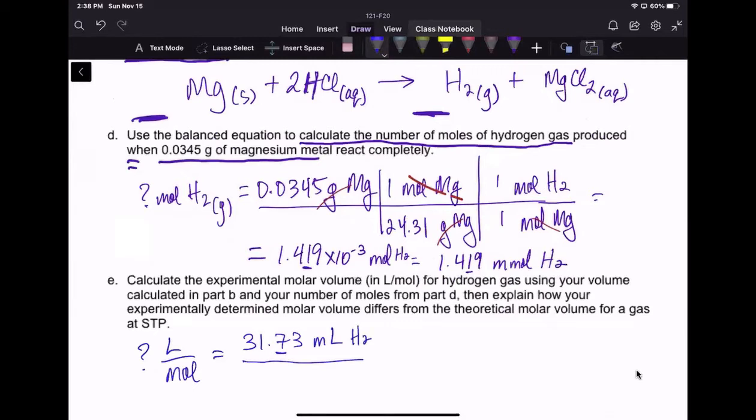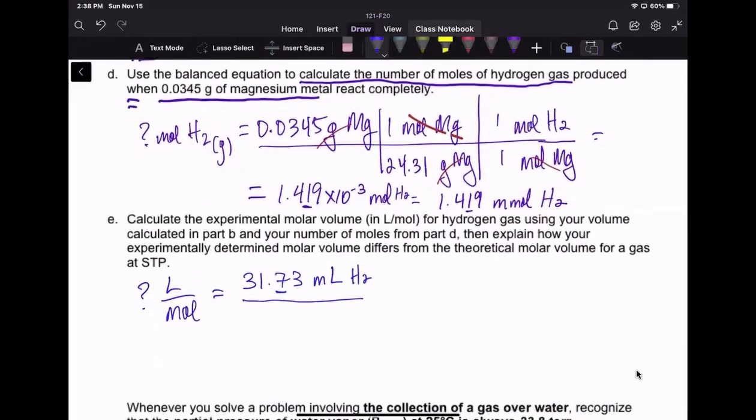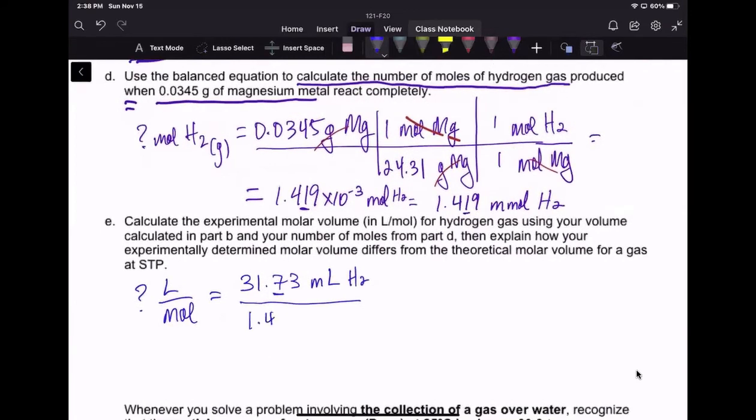And we know that we had produced 1.419 millimoles of H2. So looking at those units, the millis cancel. That's just 1 over 1,000 over 1 over 1,000. So I can combine these numbers to get my liters per mole.